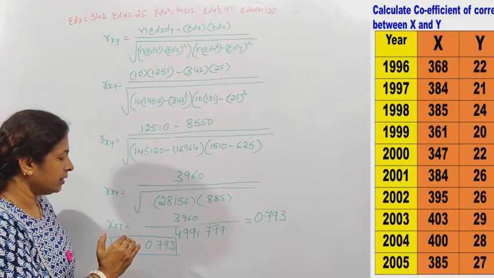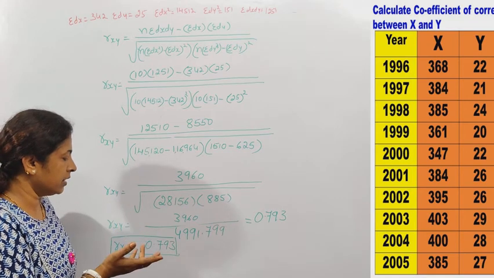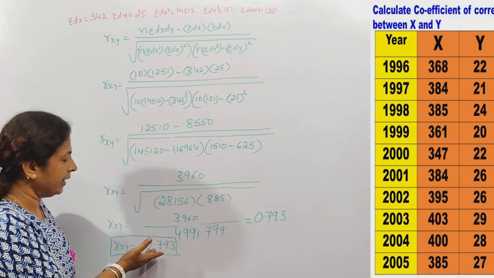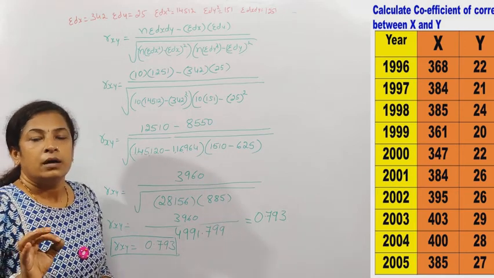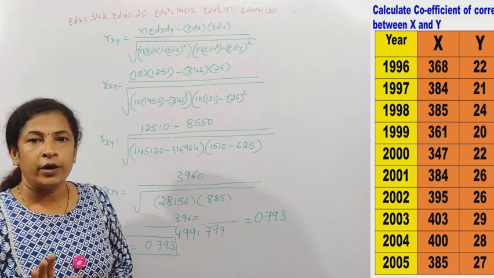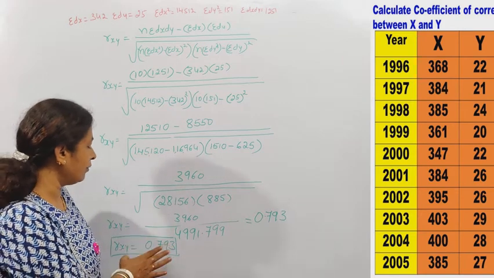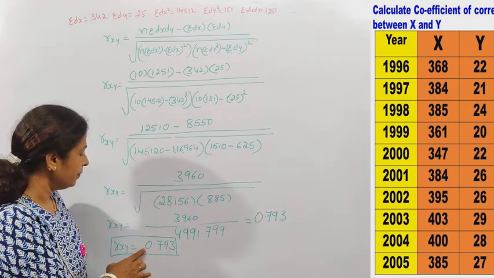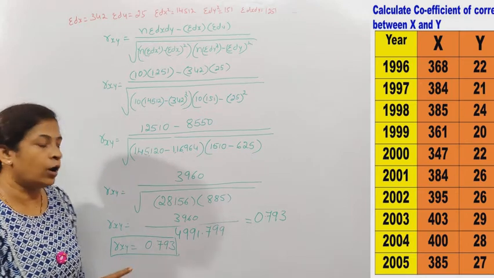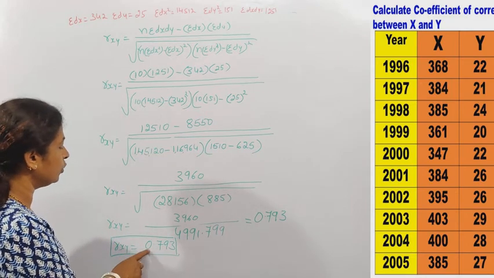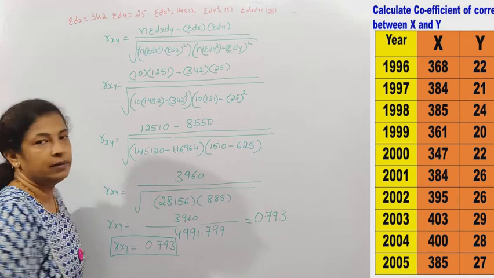Actually it is higher than 0.6, so we can say that it is a high degree. Okay. So Rxy, that is correlation, there is a high degree of positive correlation between x and y variables, since we got Rxy is equal to 0.793. This is your inference.